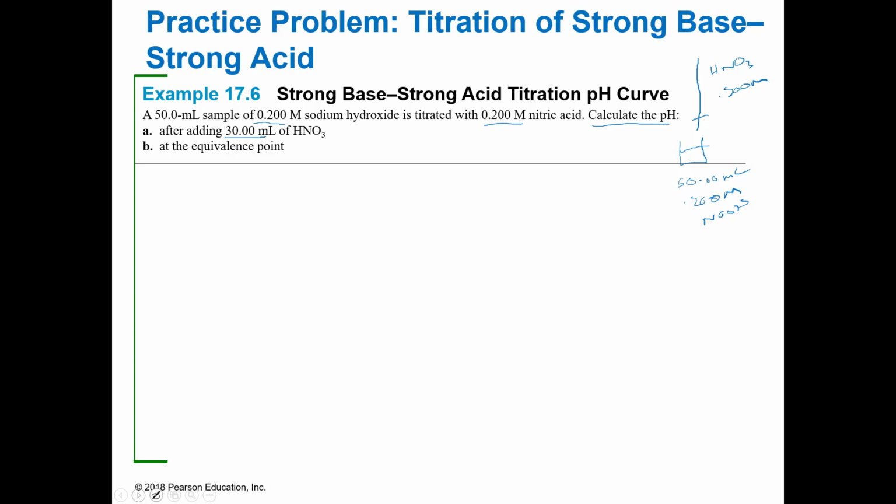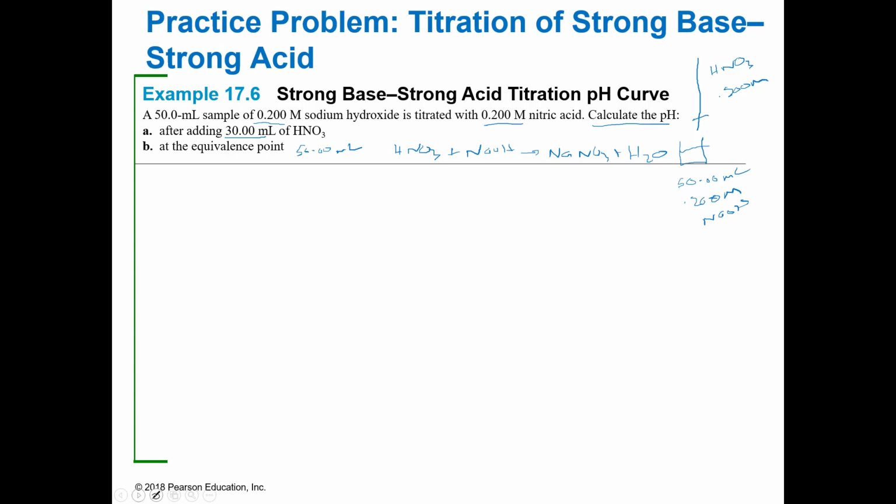So in order for you to reach the equivalence point, you'd have to add 50 milliliters of this nitric acid, since the reaction is nitric acid reacts with sodium hydroxide to form the neutral salt sodium nitrate plus water. So it's all 1 to 1 to 1.